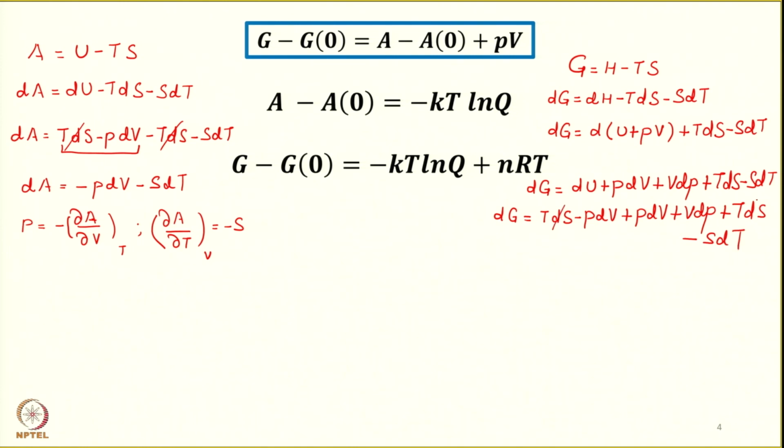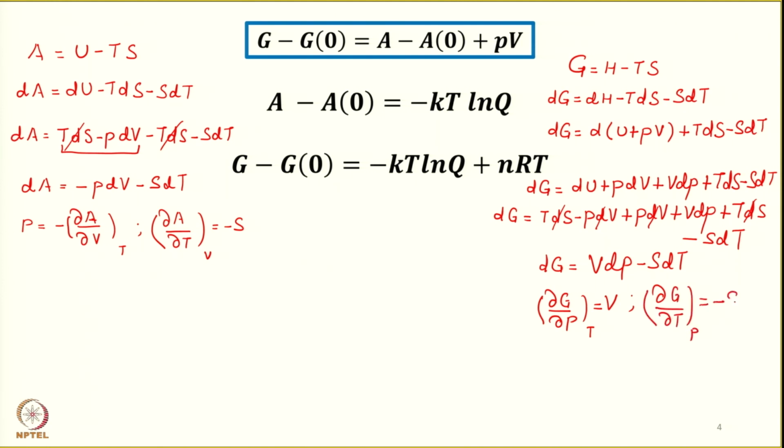TdS cancels with TdS, PdV cancels with PdV, so I have dG is equal to VdP minus SdT. Therefore, the pressure derivative of the Gibbs function at constant temperature is volume, and the temperature derivative of the Gibbs function at constant pressure is minus S.